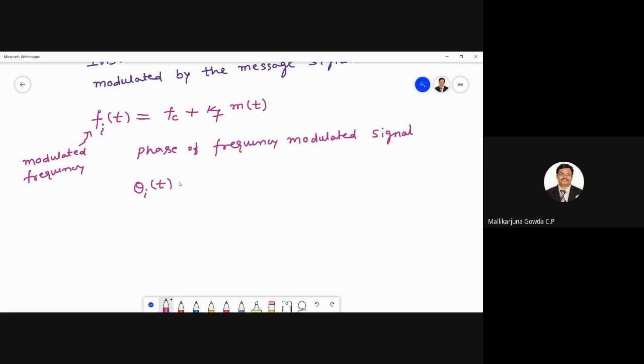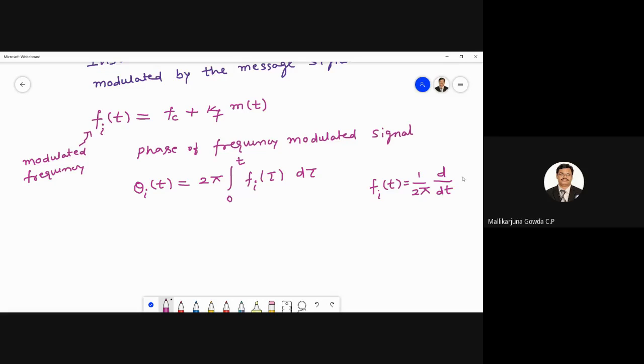Theta i of t, which is equal to 2 pi integral 0 to t of the instantaneous frequency fi of tau d tau. Because here the instantaneous frequency fi of t is defined as 1 by 2 pi into d by dt of theta i of t.